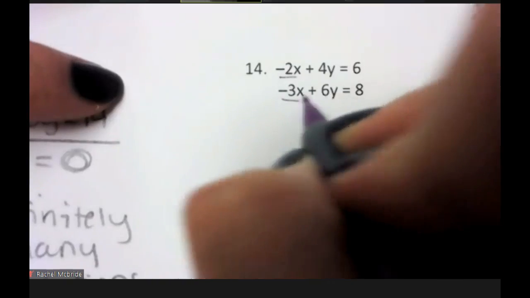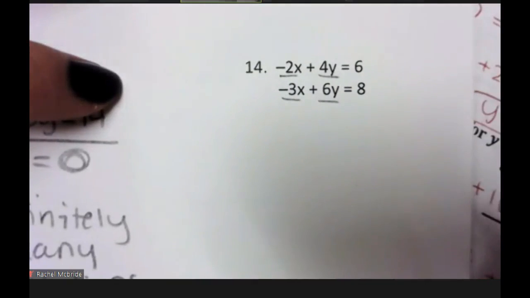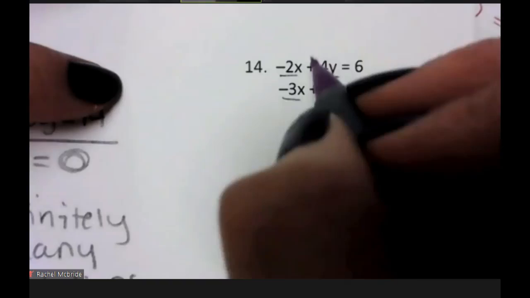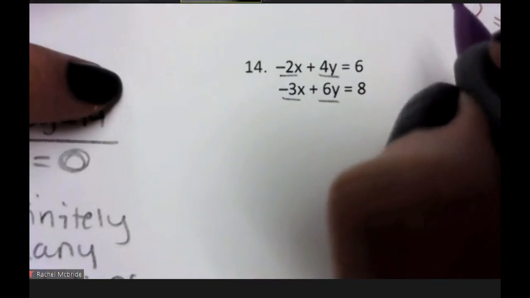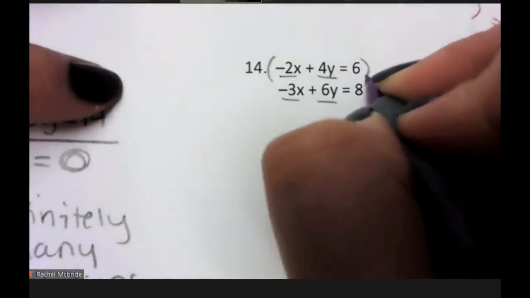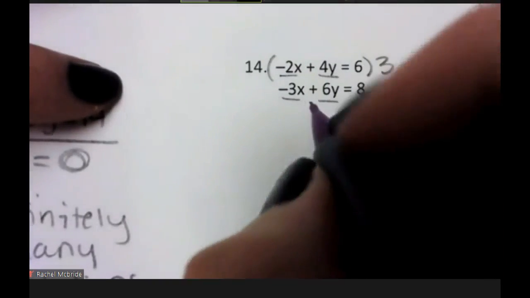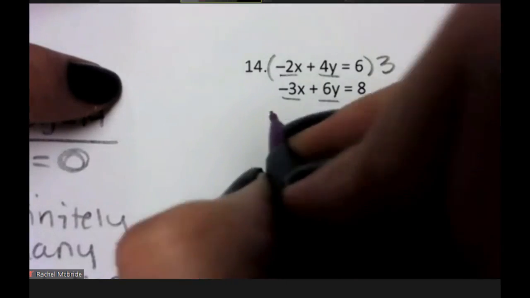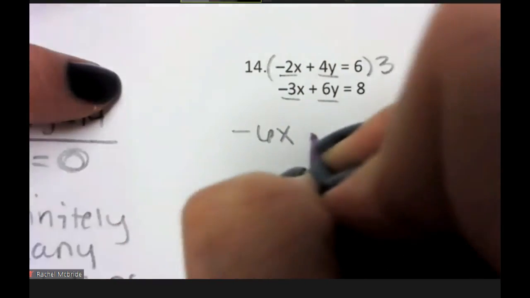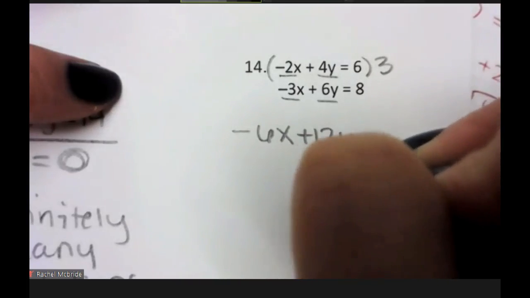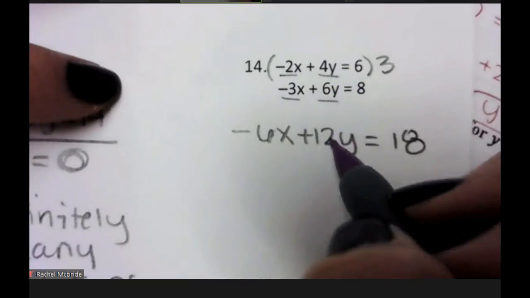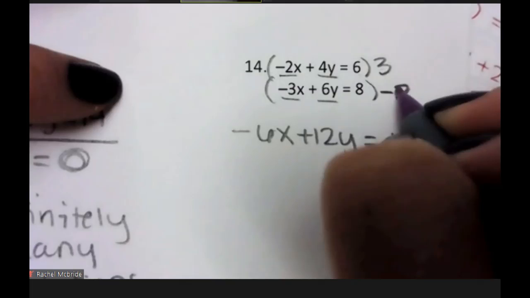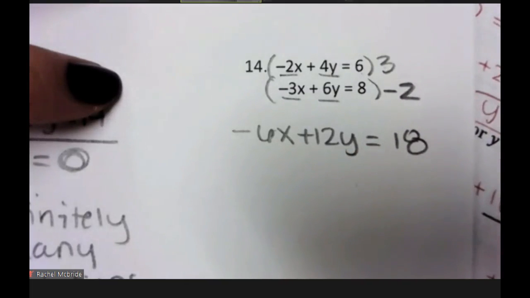I have 2 and 3 and 4 and 6. So for this combination, the only way to solve is to multiply both. So let's eliminate x. We'll multiply the top one by 3, and then we'll multiply the bottom one by negative 2.